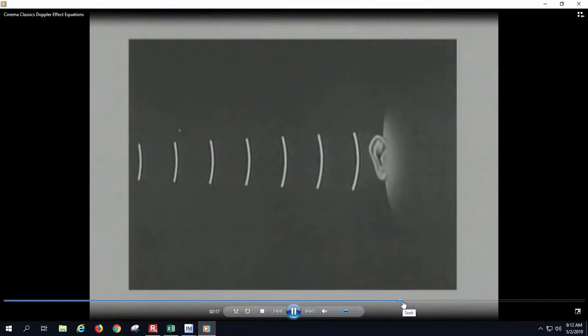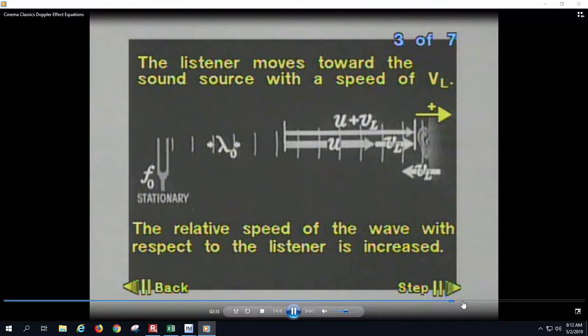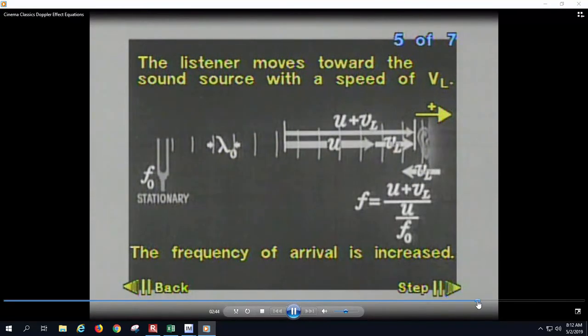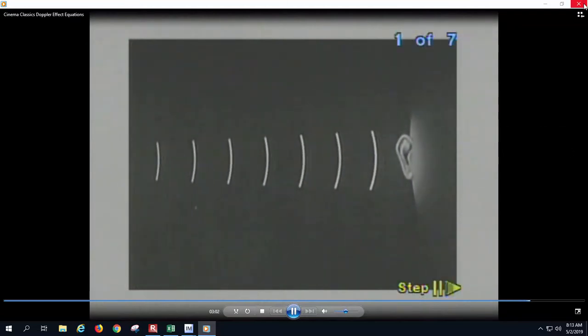As the listener moves toward the sound, its apparent frequency increases. As the listener moves away from the sound, its apparent frequency decreases.